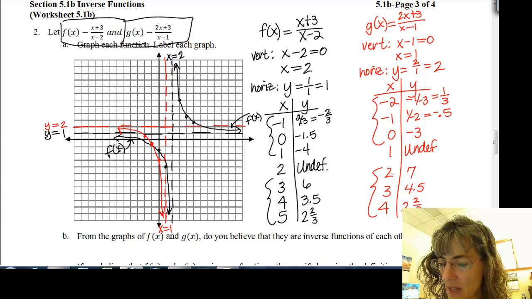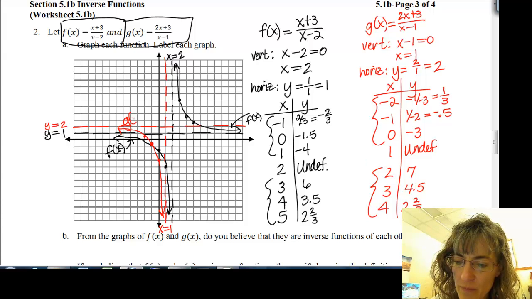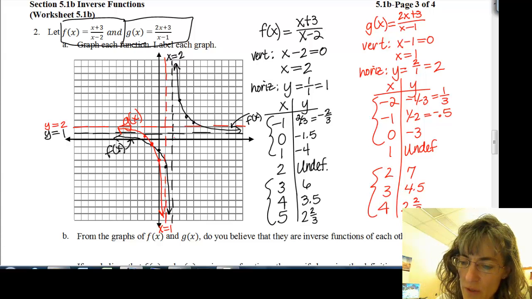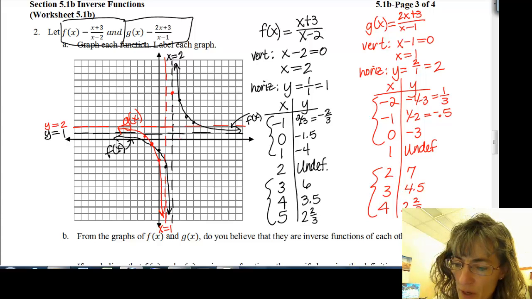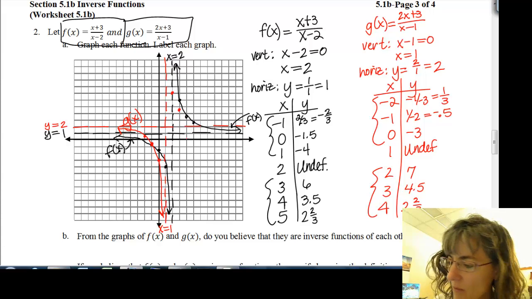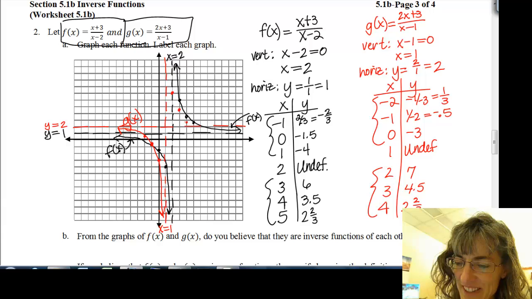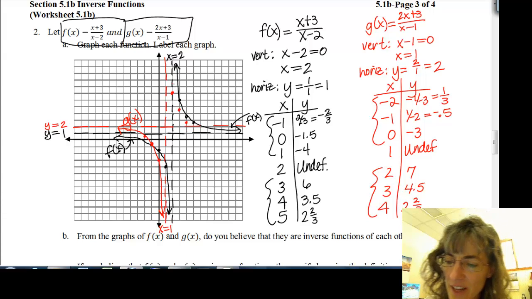And then my second set, on that one I can label g of x, and on my right hand side I have 2, 7, so 1, 2, 2, 7, 3, 4.5, and 4, 2 and 2/3.